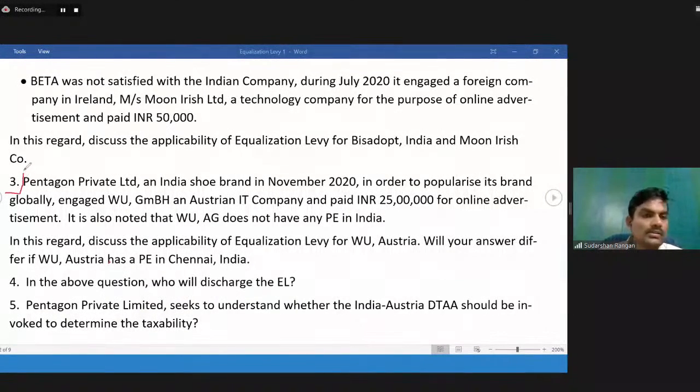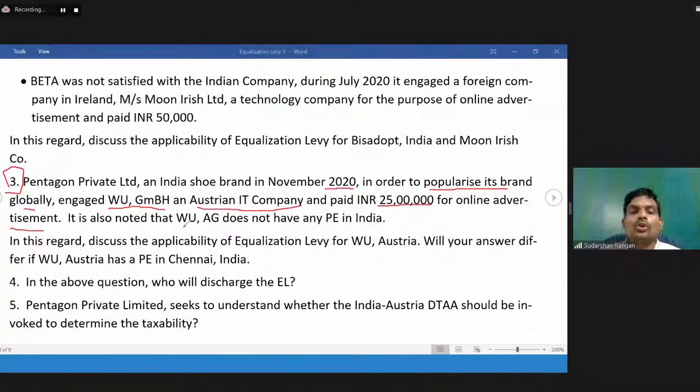We are here in this question. Pentagon Private Limited, which is also an Indian shoe brand, in November 2020, in order to popularize its brand globally, engaged VU GmbH, an Austrian technology company, and paid INR 25 lakhs for online advertisement.